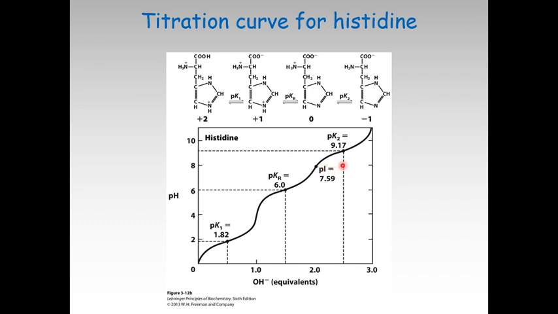Now, at that point, you add more OH minus equivalents, and you reach a pH of 9.17. That happens to be the pKa of the amino group, and that is when the amino group starts losing its proton. And at pKa of 9.17, these two groups are in equimolar quantities, right?